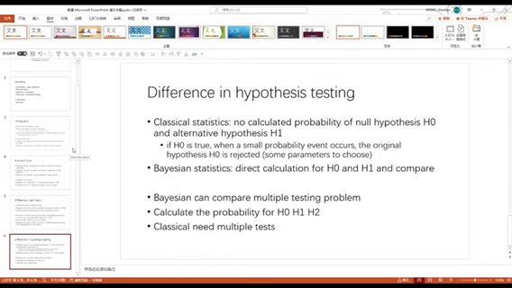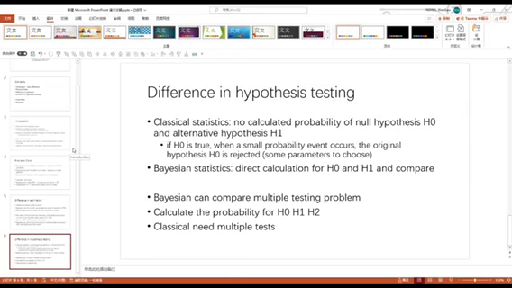Bayesian statistics directly calculates the probabilities of H0 and H1 and compares them under the assumption of theta. So we can see that Bayesian may have some advantages in the multiple testing problem. For example, if we want to test which of product 1 and product 2 is better, with classical statistics we need to compare many times.